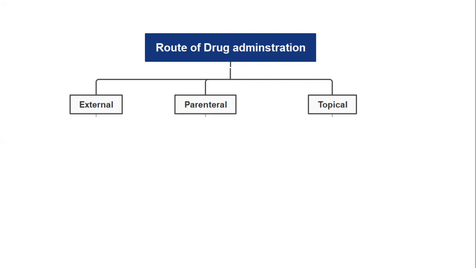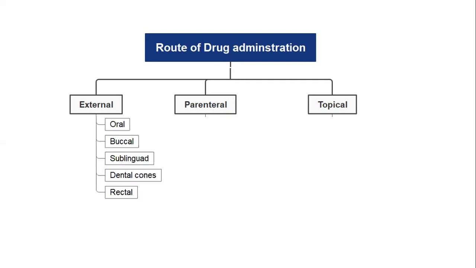Enteral route of administration means through GIT, okay, gastrointestinal tract, from top to bottom at any place. If you are giving the drug there, then it is considered as enteral route. So you have oral route, buccal route, sublingual route, dental cones, then rectal route. Okay, so like this you can have some routes of administration: oral route, buccal, sublingual, dental cones, and rectal route.